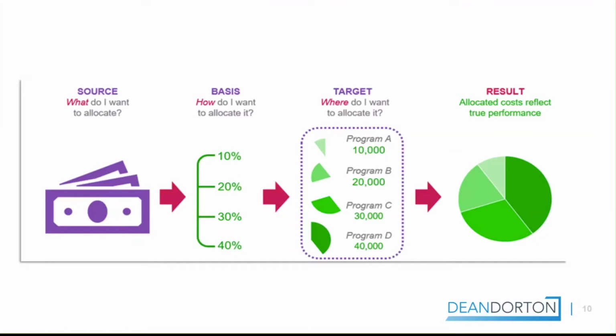The basis answers the question, how do I want to allocate it? Then you have a target entry, which says, where do I want this allocation to go? And then what you're left with is a result that reflects the allocated costs, allocated revenue, and the true performance of any segments of your organization.